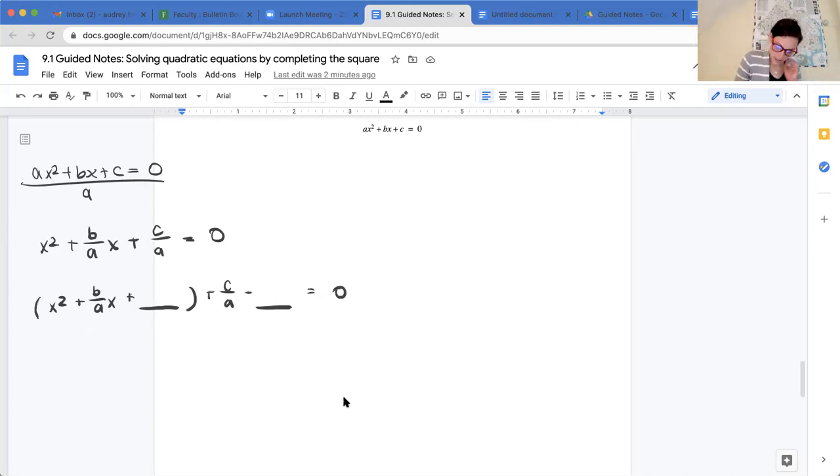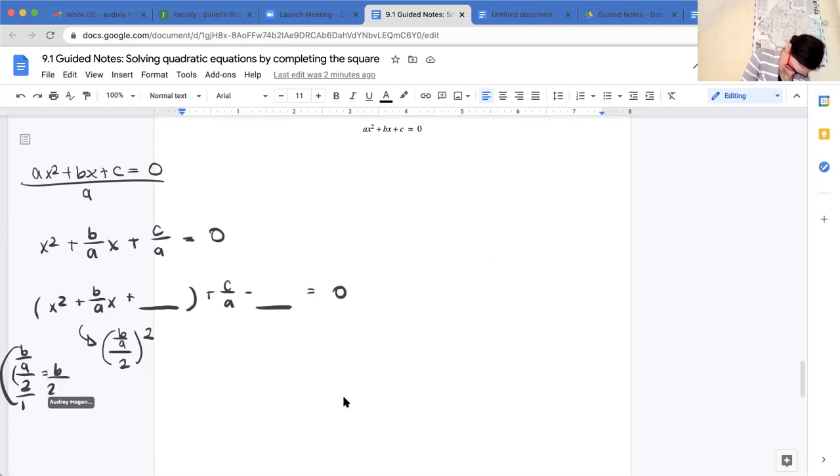And we know that that something that we need to add is going to be the coefficient of x, which is b over a, over 2, squared. So again, this is our normal complete the square step, but now instead of dealing with a number divided by 2 squared, we're dealing with b over a over 2, quantity squared. So we can think about b over a over 2 over 1, use the c method. So that's going to be b over 2a.